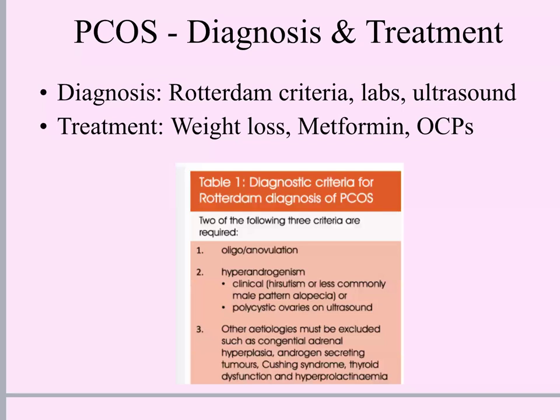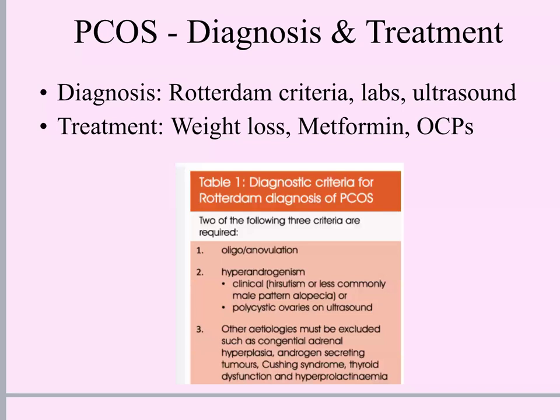So, oligo or anovulation. That could be inferred with irregular cycles. They can also test to see the luteinizing hormone levels. If somebody is experiencing ovulation, they should be experiencing a spike that is out of line with its level the rest of the cycle.